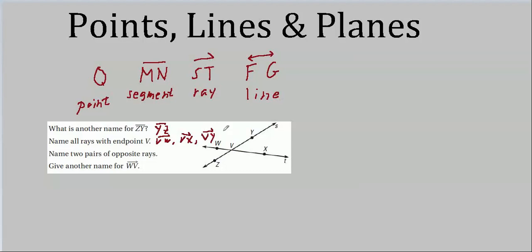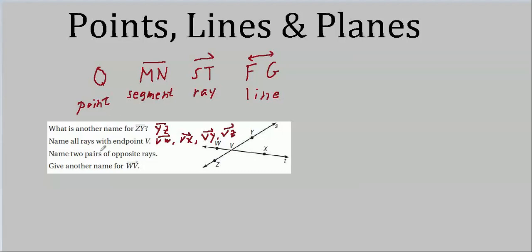And VZ. Oops. How about VZ? There we go. In other words, these are all rays. If you put these two together, you could have a line, but V to W, that's a ray.